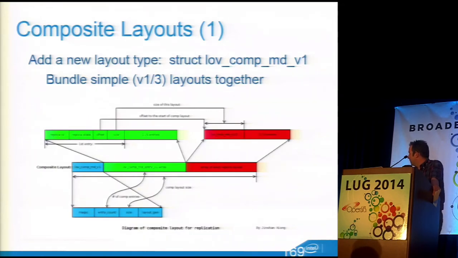So this is the V1 composite layout type. And it just gives us a simple way of bundling the simple V1 and V3 layouts together. So we say we have this many V1 layouts, each representing a replica of the file, or each representing an extent of the file, or some mixture, and we just describe how they live together.